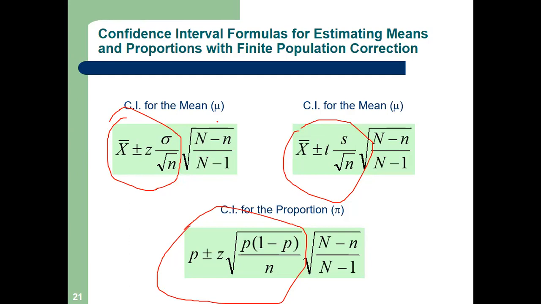Please all of you write the formula. All the confidence interval formulas for estimating mean and proportion have to be multiplied by finite population correction.